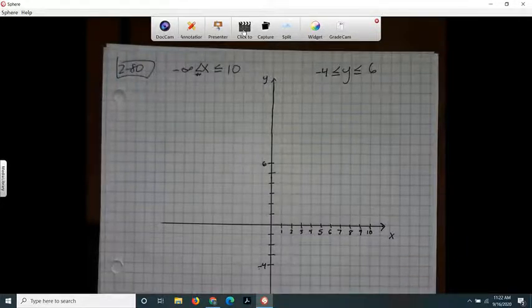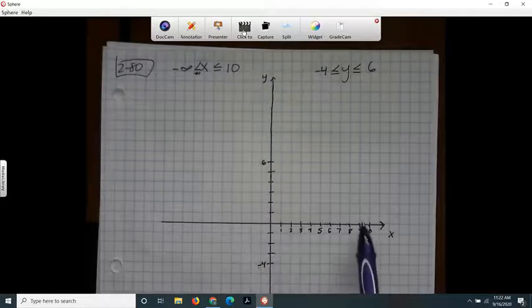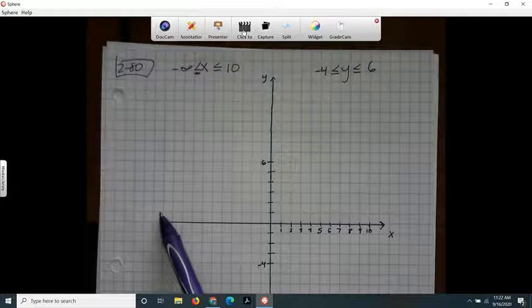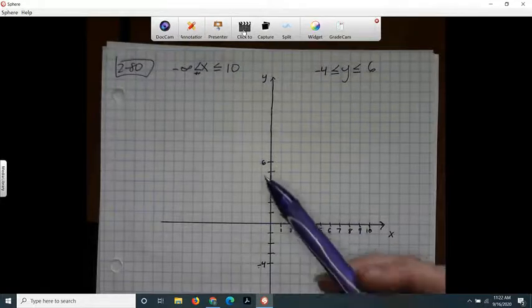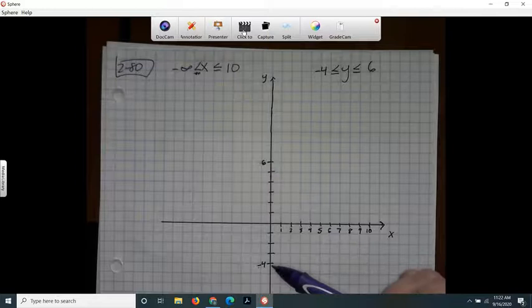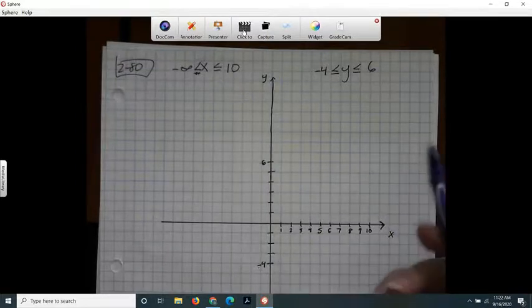And so I want my domain to go from 10 to negative infinity, and I want my range between negative 4 and 6. And it said I can be creative. So as long as I have a high point at 6 and a low point at negative 4, I think we'll be fine.